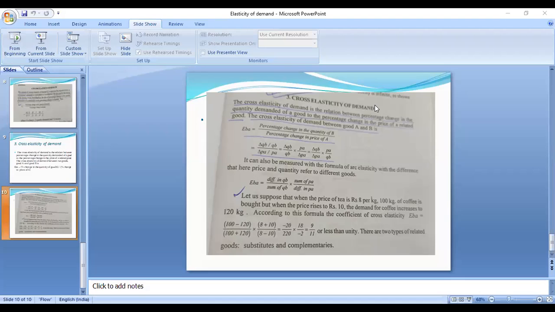You just write the figures. Okay, A's initial price is 120, and B's demand is 55 kg. A's price reduces to 115 and B's quantity demanded reduces to 37 kg.